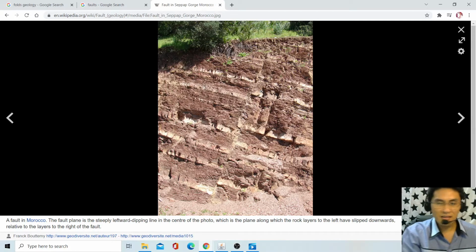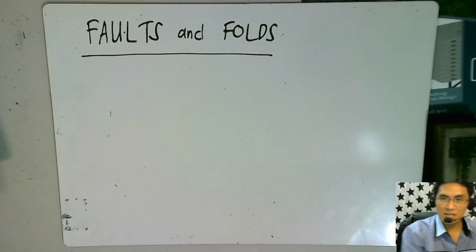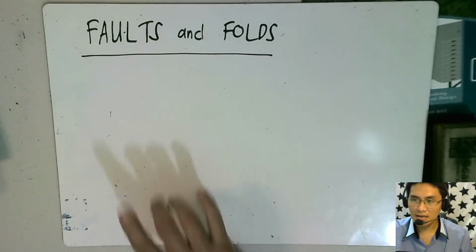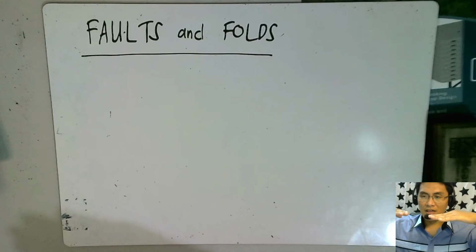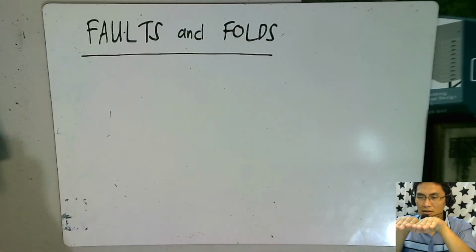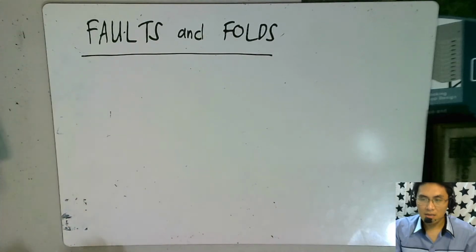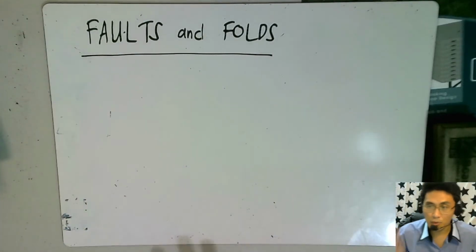And that is prominently created at boundaries, right? Because at boundaries, you have things that are converging, or things that are diverging, or things that are moving alongside. But faults are prominent in transform fault boundaries, because when you have two plates that are moving side by side, brushing each other, you can really see displacement between the two.